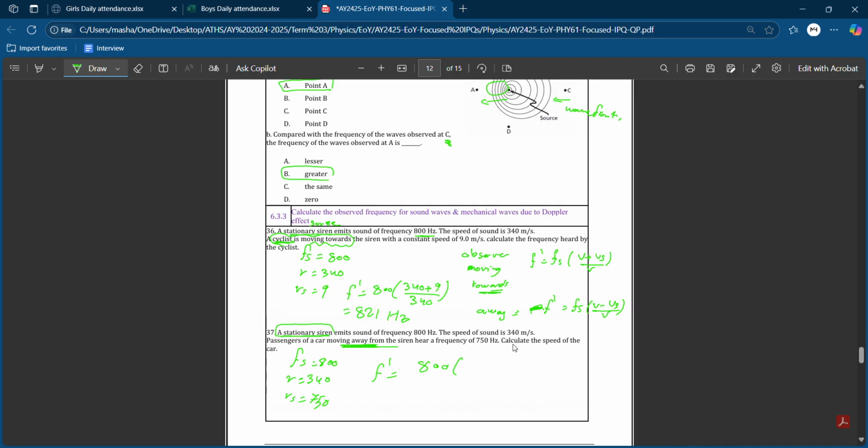Calculate the speed of the car, so he needs v, and this one is f prime. Okay, so let's rearrange. So f prime 750 equals 800 multiplied by 340 minus v over 340. Using shift calculate, it's 25 meters per second.